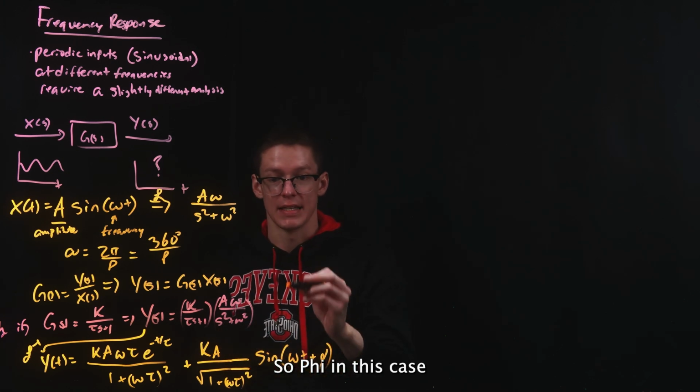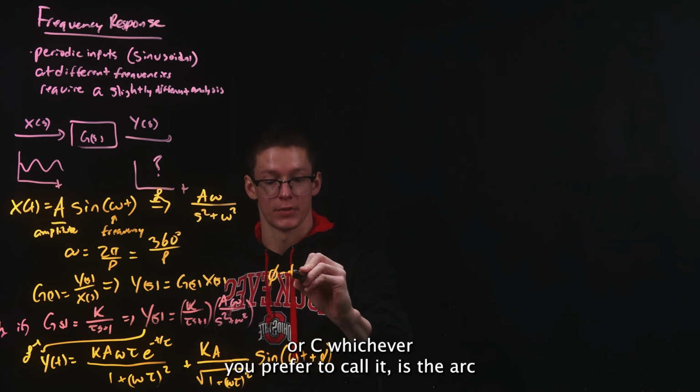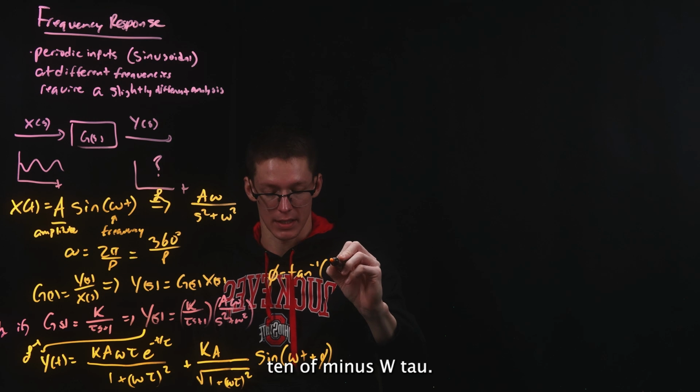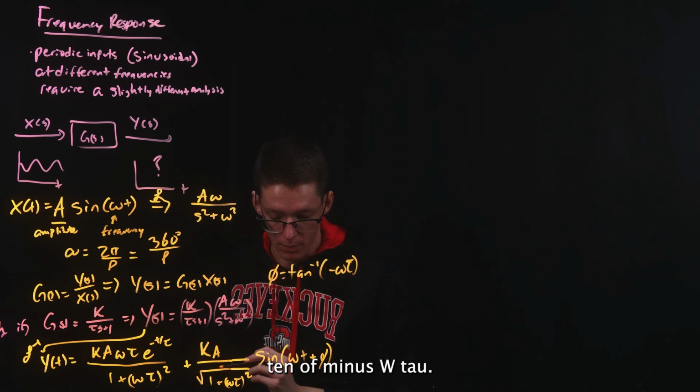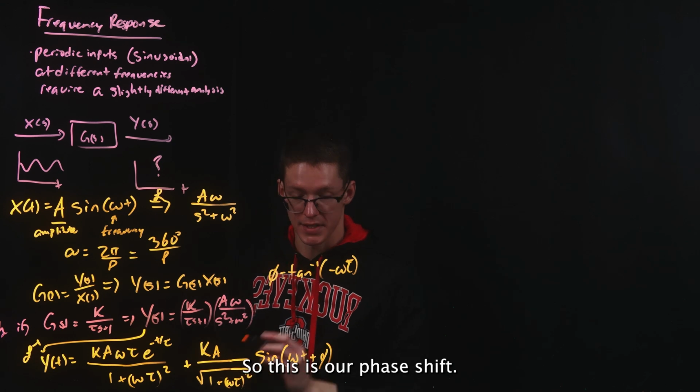Phi in this case is the arctan of minus w tau. So this is our phase shift.